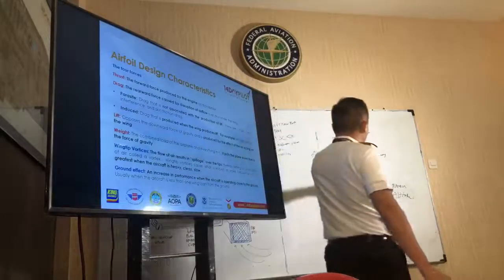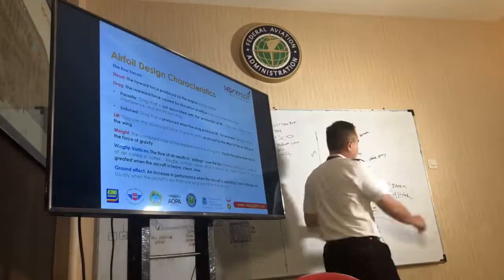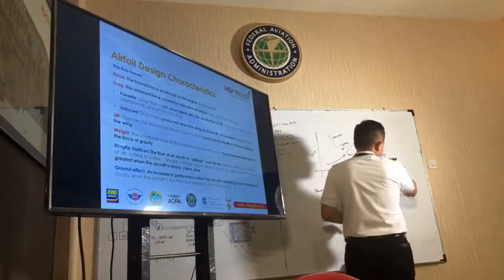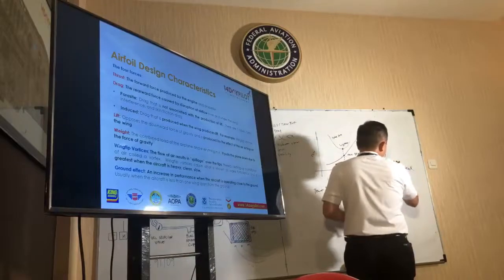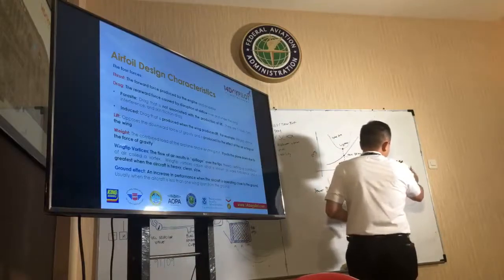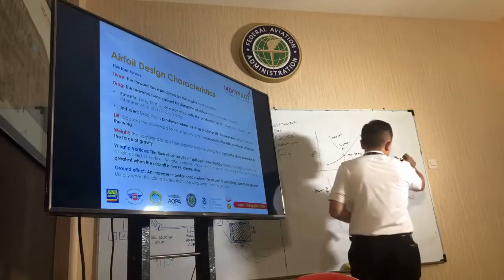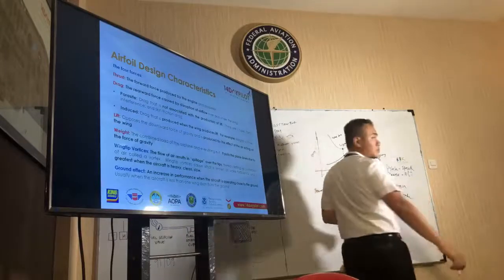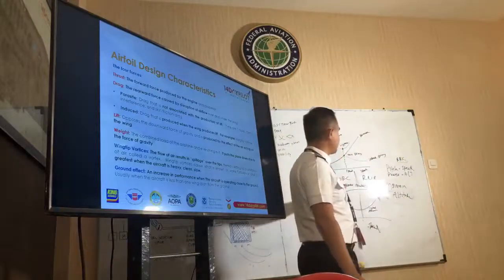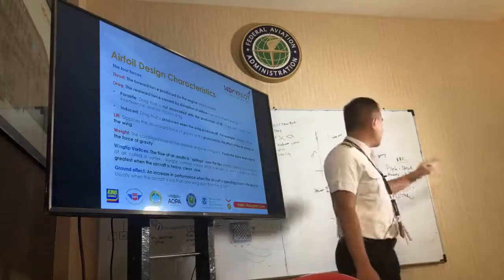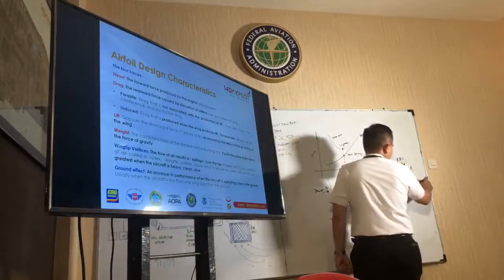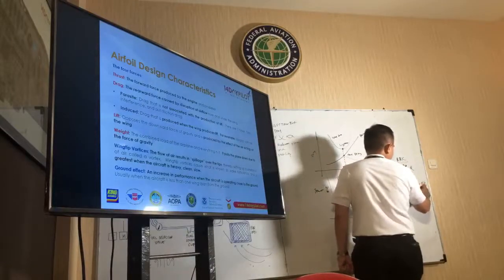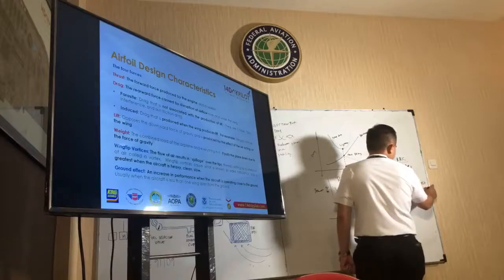In the region of normal command, always remember: pitch for altitude, power for airspeed. In the region of reverse command, it is pitch for airspeed, power for altitude.